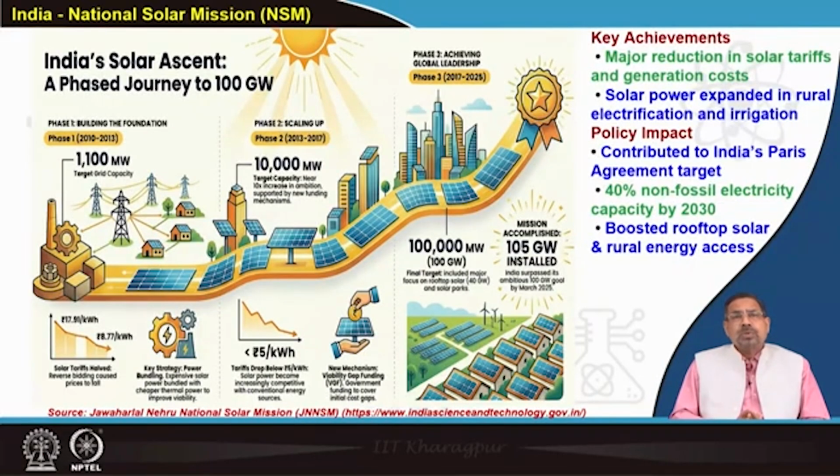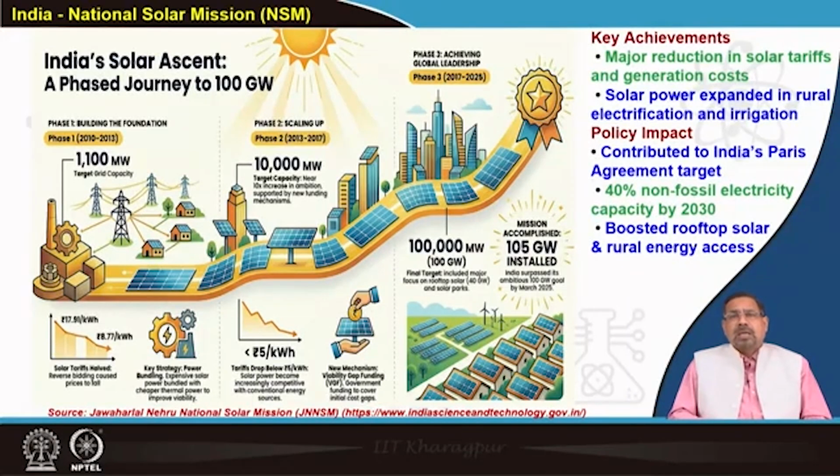Coming to phase 2, 2013 to 2017, it is 10,000, and now moving on to 2025, phase 3, to achieve global leadership. So we have a steady increase in production across phase 1, 2 and 3.